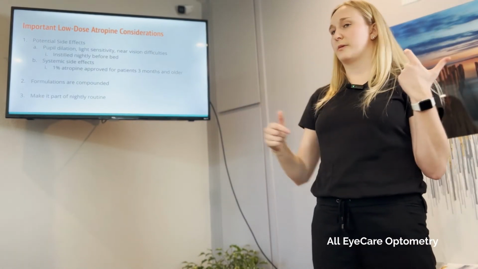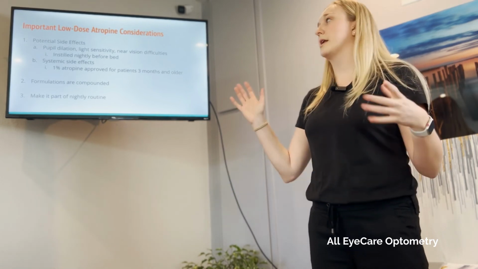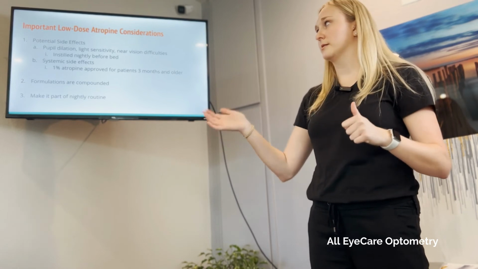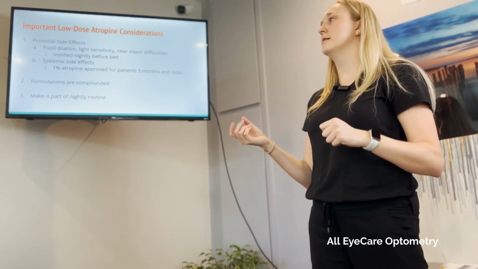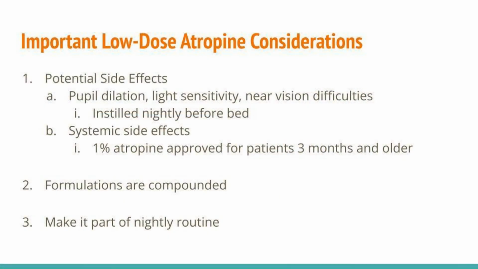Okay, so we talked about how historically these drops were used for dilation, but now we're utilizing a super low dose of them for this purpose. So there is a chance that they'll still have some mild pupil dilation. They may have some light sensitivity because of that, and sometimes their near vision and focusing is affected a little bit. So what are we going to do about this?